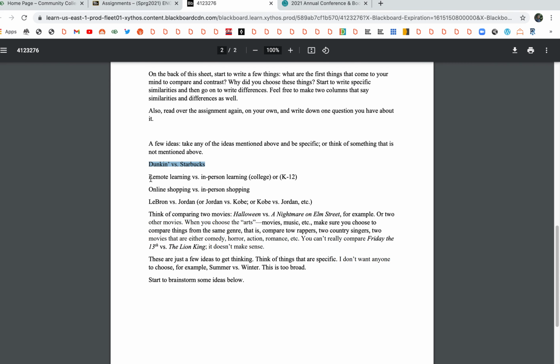Here's a big one I think would work: remote learning versus in-person learning. So if a lot of you have been to college before in person, you could compare and contrast that to now, because we're all remote right now, right? Or even if you haven't, even if you've been to college online, you can compare and contrast that to your previous learning experiences. Which one do you like more? Which is better?